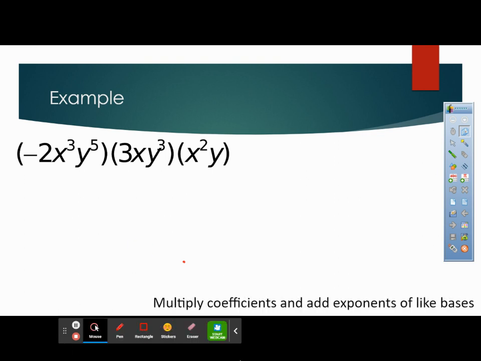Okay, so when you have problems like this, it says multiply the coefficients and add the exponents of like bases. So you multiply the coefficients and then you do what we've been doing. So negative 2 times 3, he said, is negative 6. Now, Daniel, what would my x be to the power of?